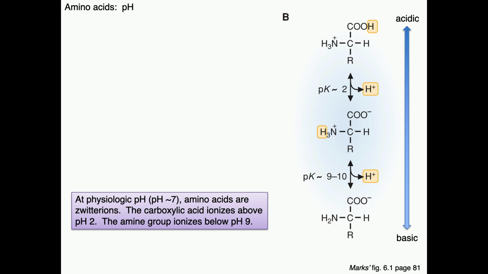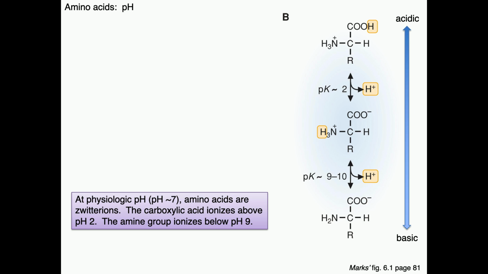The amine group likewise would be protonated, because the definition of low pH is high hydrogen ion concentration, right? So here, everything is saturated with protons. If you were to titrate in base and increase the pH to approximately neutral, the first thing that's going to ionize is the carboxylic acid.